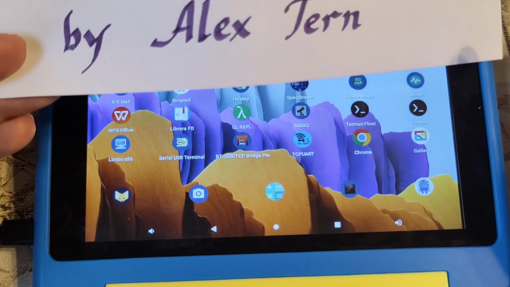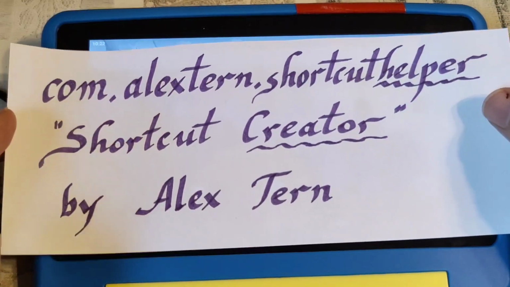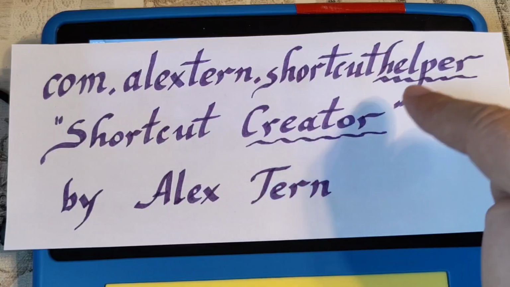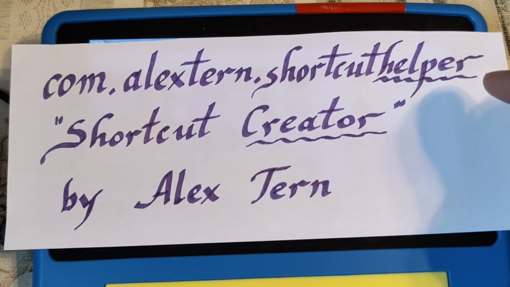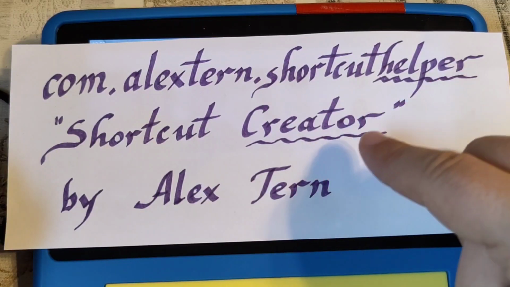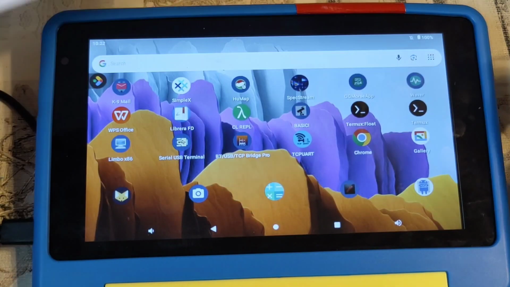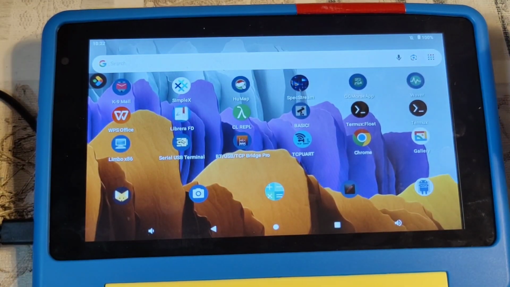But you can install another application called Shortcut Creator by Alex Stern. Note that the package name is com.alexstern.shortcuthelper, so there's a slight disparity here, but Shortcut Creator Alex Stern will guide you straight to it. It might no longer be available in the Google Play Store, then just get it from elsewhere. It works amazingly.